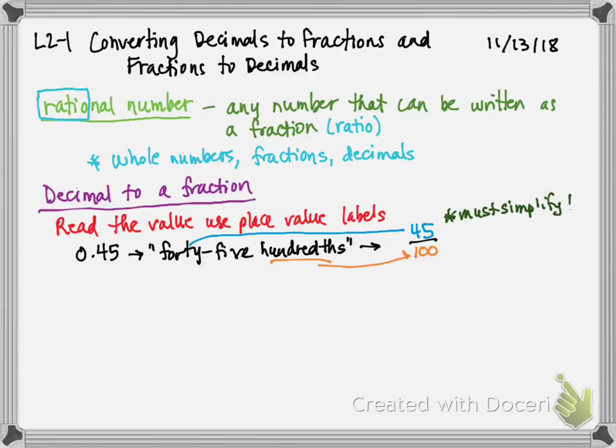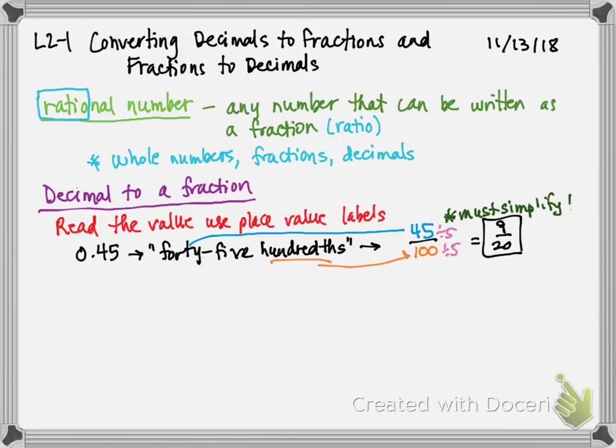You cannot leave a fraction that has not been reduced, and these both have a 5 in common, so our final answer is going to be 9 over 20, or 9/20ths. So that's how we change a decimal to a fraction. We just read it using the place value labels.